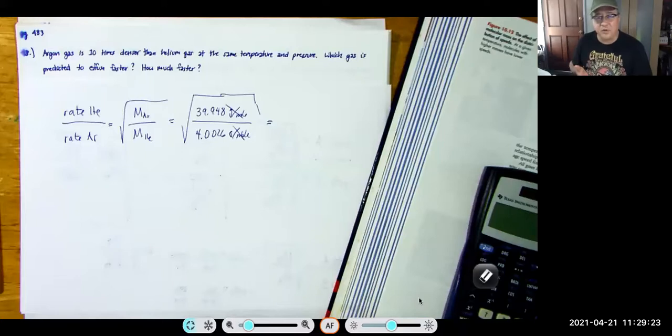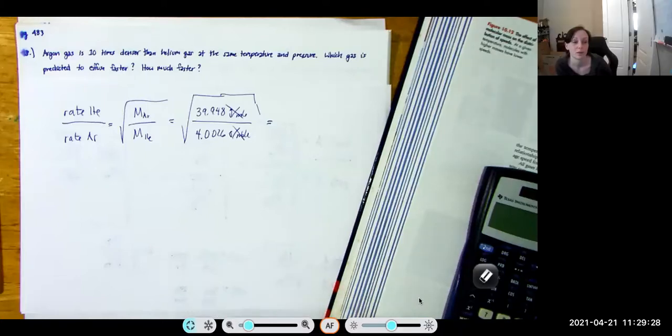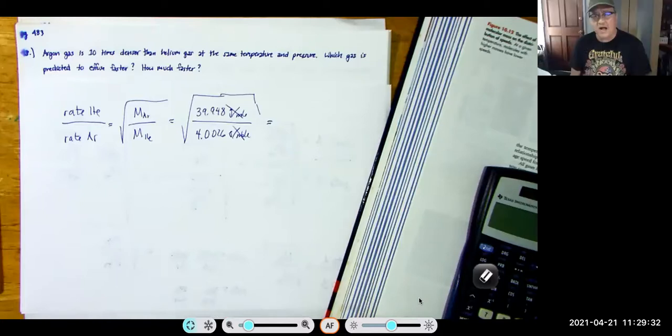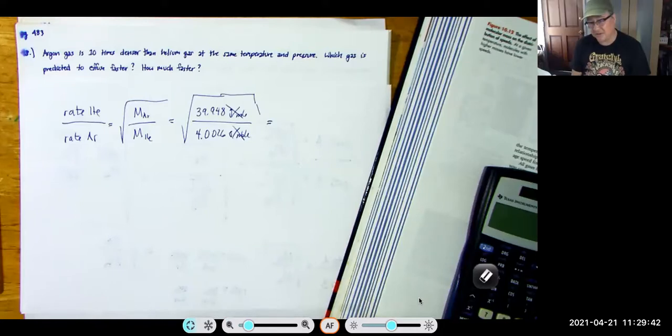So what times what is 10? 3.5. Well, I would say no, since 9 is so close to 10. Right. So I'd say it's really close to 3, like 3.1, 3.2. Yeah. Okay, let's give it a try.